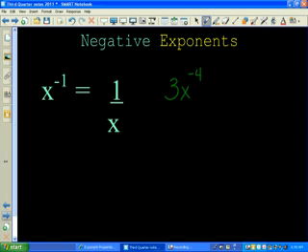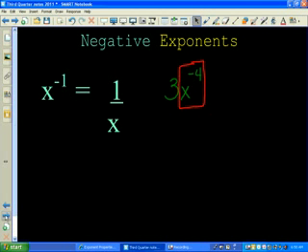So what is actually being raised to that negative 4th power? Is it the 3, or is it the x, or is it both? Hopefully you said just the x, because it's not inside of a parenthesis. So this is what's going to have to do the reciprocal.